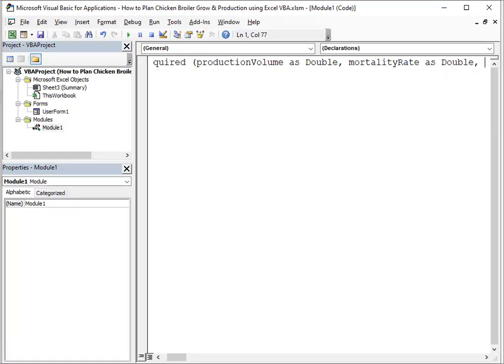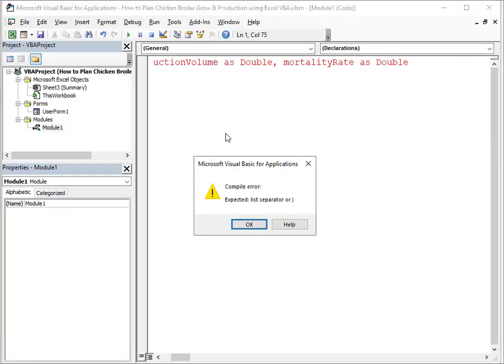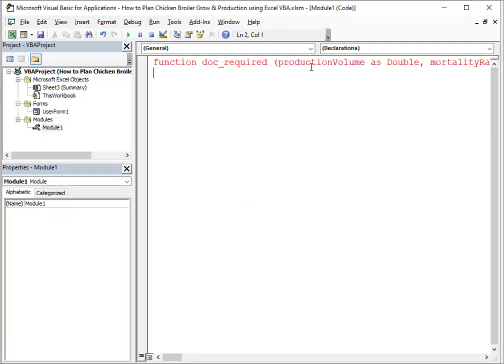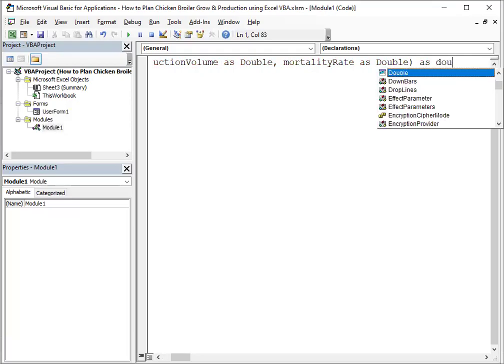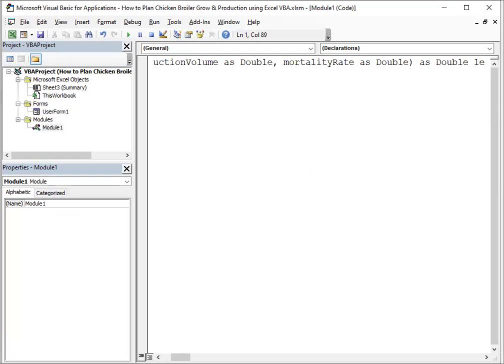We start with the function, then it will be as double. I'm going to close it. Then I'm going to say as double again. Okay, I think that's okay.